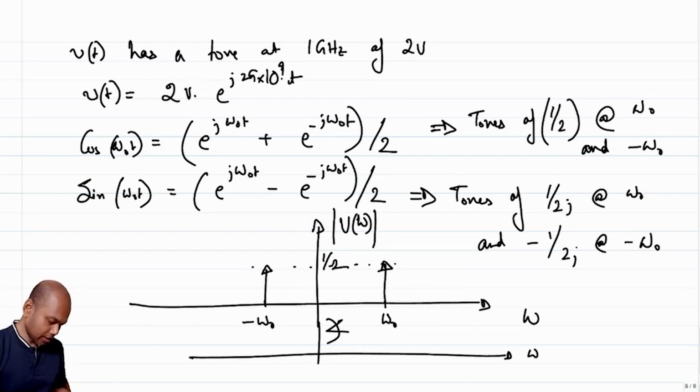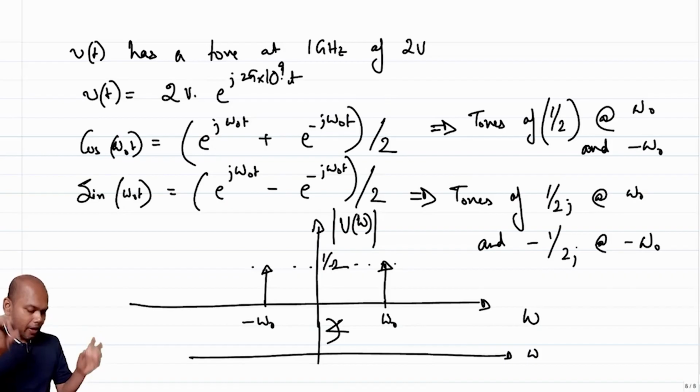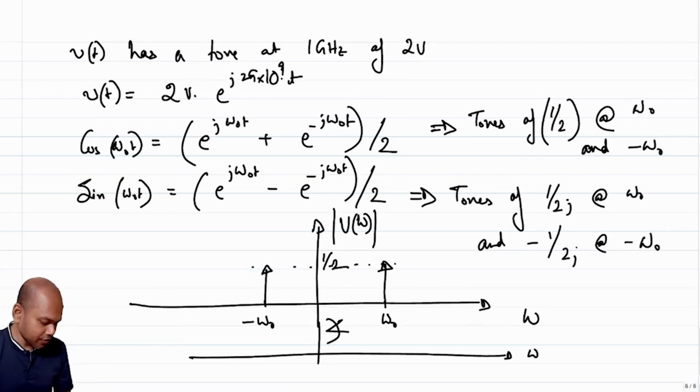So this is V of omega for cosine omega naught t. If we have sine omega naught t, the magnitude information does not change. You still have tones at omega naught and minus omega naught of strengths 1 by 2, but you have phase information of plus and minus 90 degrees, right? Okay.